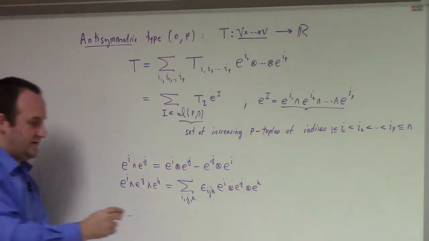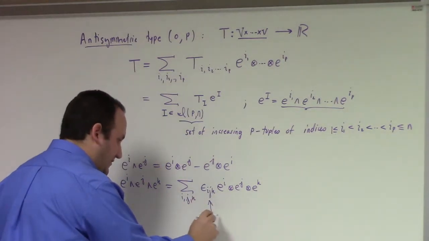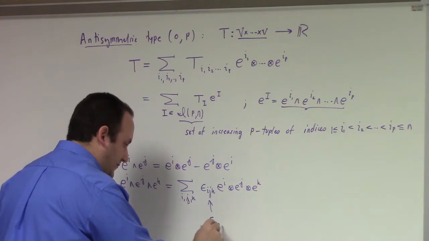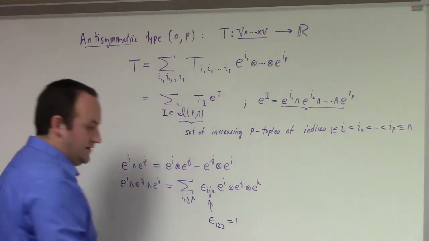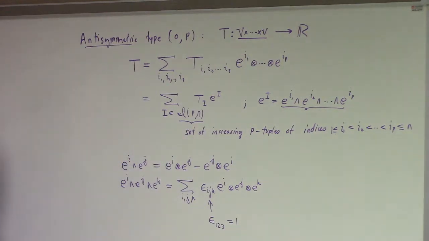Now this symbol right here, I mean for that to mean epsilon 1, 2, 3 is equal to 1, and then you get a minus for every time you flip an index, right? So like epsilon 2, 1, 3 is minus 1, epsilon 1, 3, 2 is minus 1, and so forth and so on.